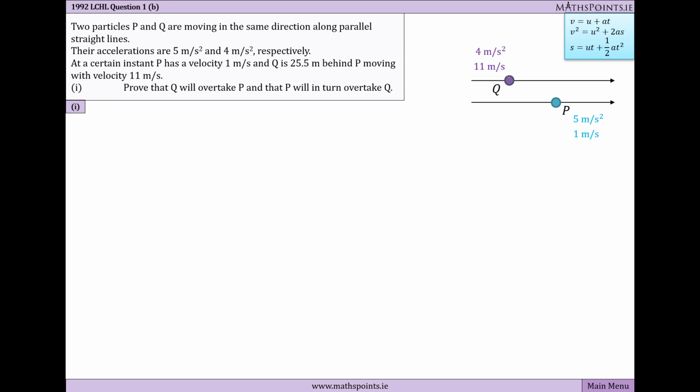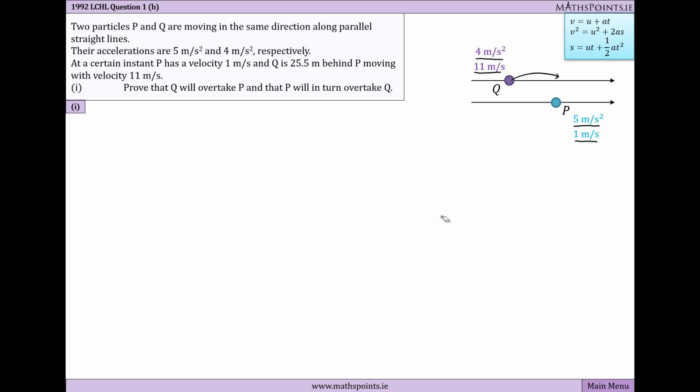Well, clearly, initially, Q is moving with a greater speed than P. Q is moving with a speed of 11 meters per second. P is moving with a speed of 1 meter per second. And what we'd imagine would happen is that after some time, Q is going to overtake P. Now, because P's acceleration is greater, 5 meters per second squared against Q's 4 meters per second squared, we would imagine that P will get to a greater speed than Q, and eventually it will re-overtake Q and go ahead again.